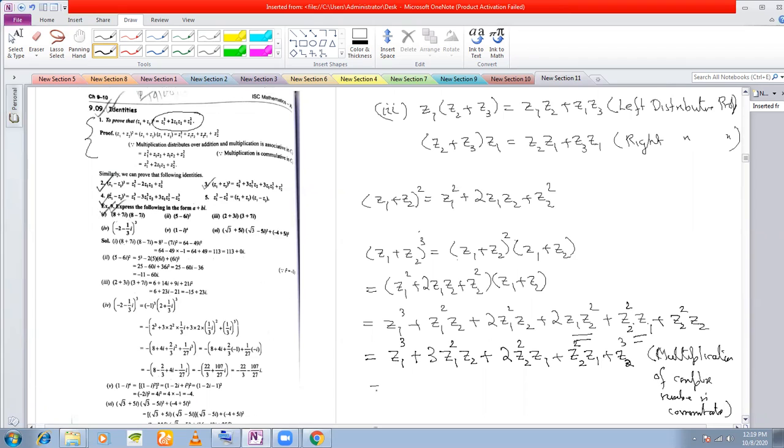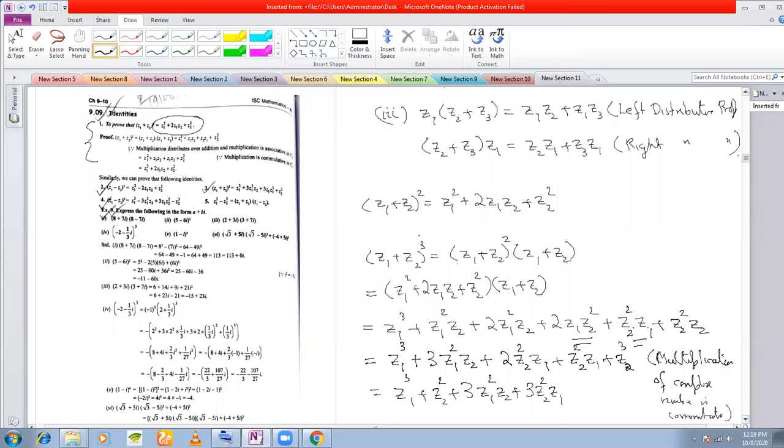So Z1 cube plus Z2 cube plus thrice Z1 square Z2 plus thrice Z2 square Z1. That is your formula for Z1 plus Z2 whole cube. Okay. So I stop here for today.